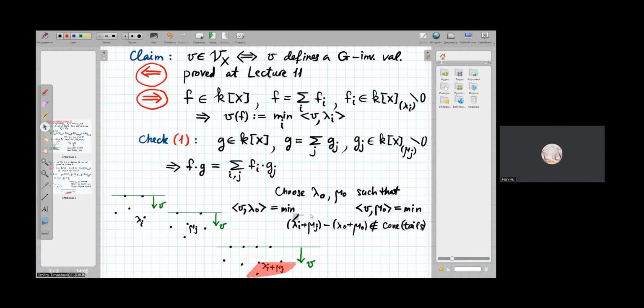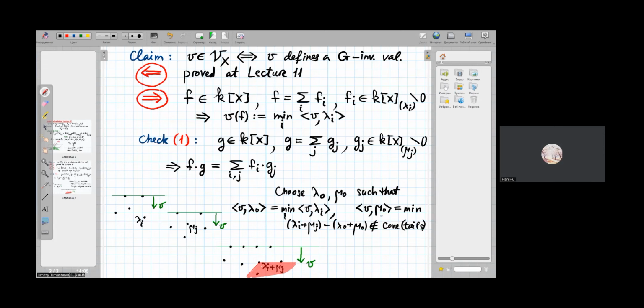So it is the minimal among all pairings of v with lambda i's, minimum over i.